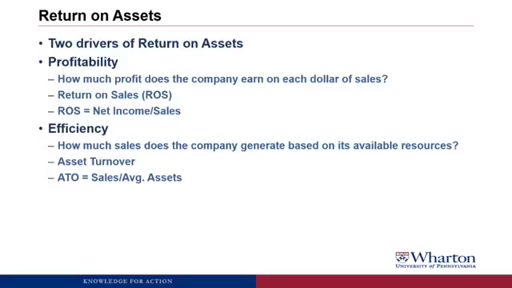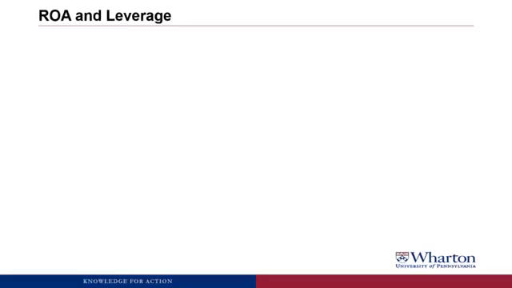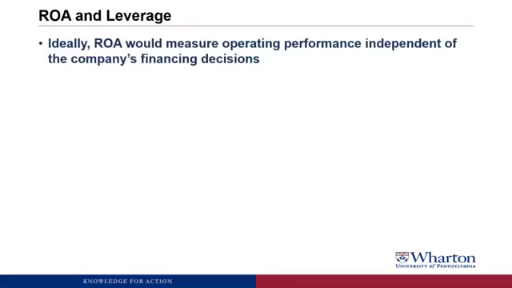and go back to this problem of ROA and leverage that came up in the question earlier. Ideally, return on assets would measure operating performance independent of the company's financing decisions. So we want to pull out all of that leverage into the financial leverage ratio so that ROA only measures operating performance.